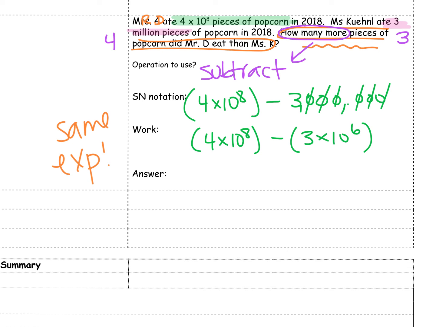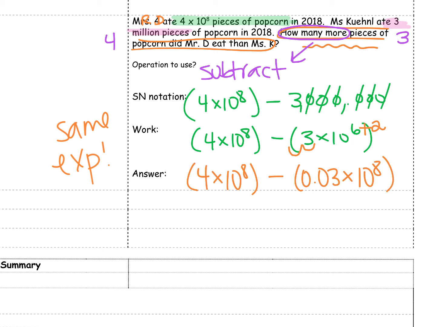So I'm going to turn 3 times 10 to the 6th into 10 to the 8th. So I need to add 2. So I'm going to move my decimal over 2 spaces. So my new problem is 4 times 10 to the 8th minus 0.03 times 10 to the 8th.